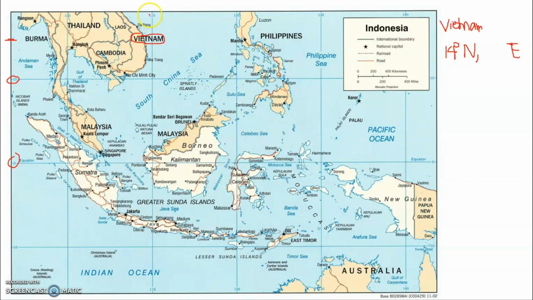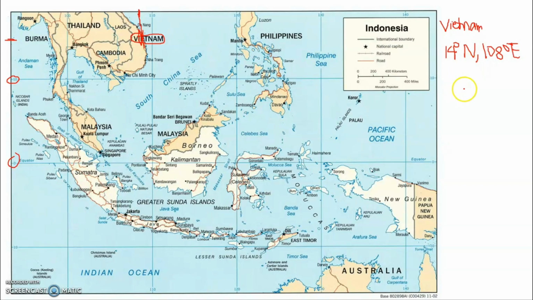Ito yung 110 at nandito lang naman siya sa part na to, maybe this is 108. Hindi natin masyadong matatansya kung ito yung pinakasakto, pero ito yung pinakamalapit according dun sa nakikita natin sa kanyang location. Meaning to say, Vietnam coordinates is 14 degree north, 108 degree east.